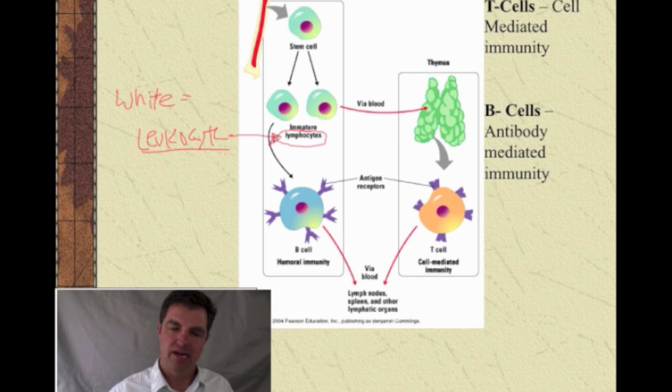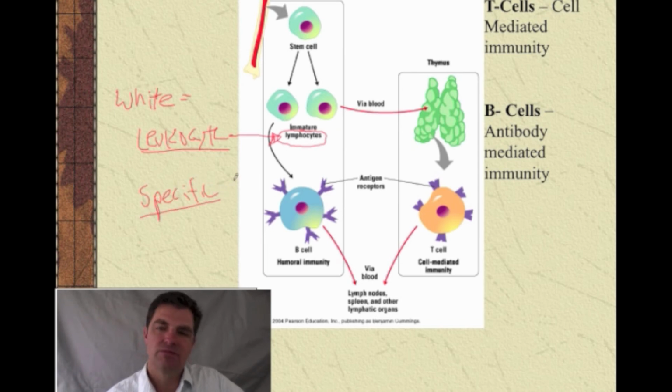Lymphocytes are one of them, and lymphocytes are very important for your specific immune response. And there are two main types of lymphocytes. There's T cells and there's B cells. And I'm going to simplify this a great deal because it's actually much more complex, as I'll sort of hint to in a little bit. But T cells are what we call cell-mediated immunity.